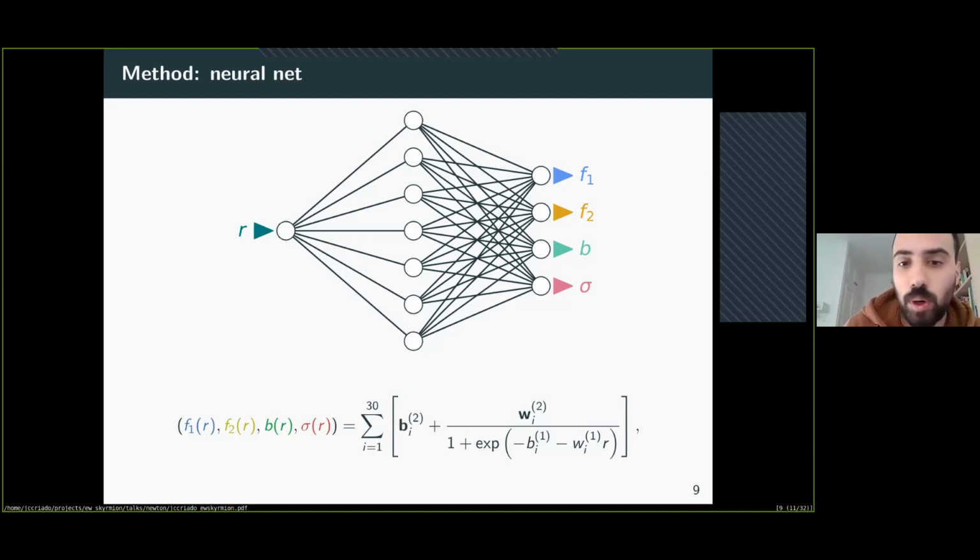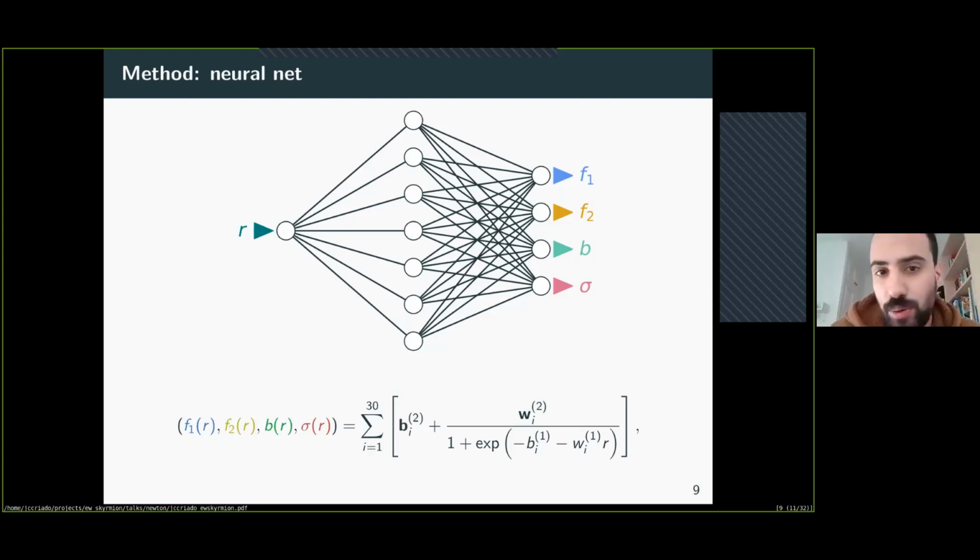And what function you have depends on the internal parameters of the net, which are called weights and biases. If the network is complicated enough, you can reproduce any function that you want as long as you adjust these parameters in the right way. So this is what neural nets are used for: fitting very complicated problems.